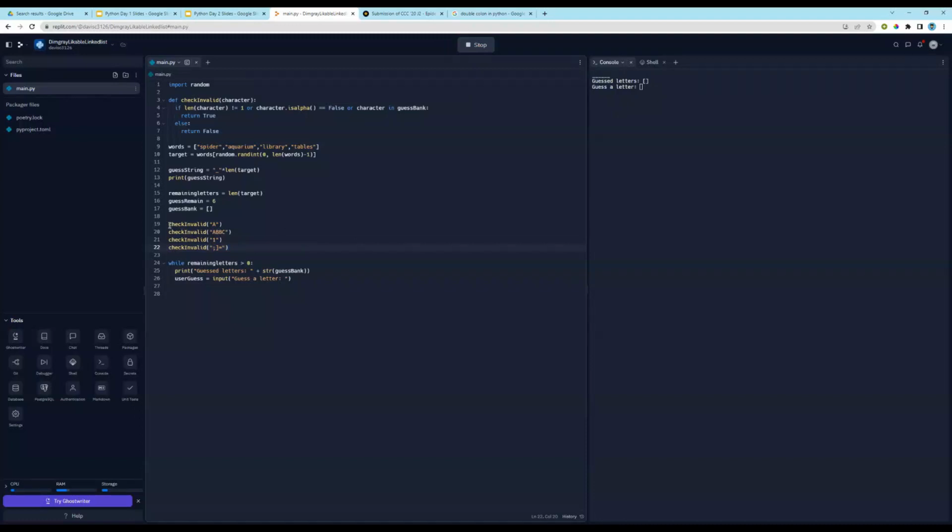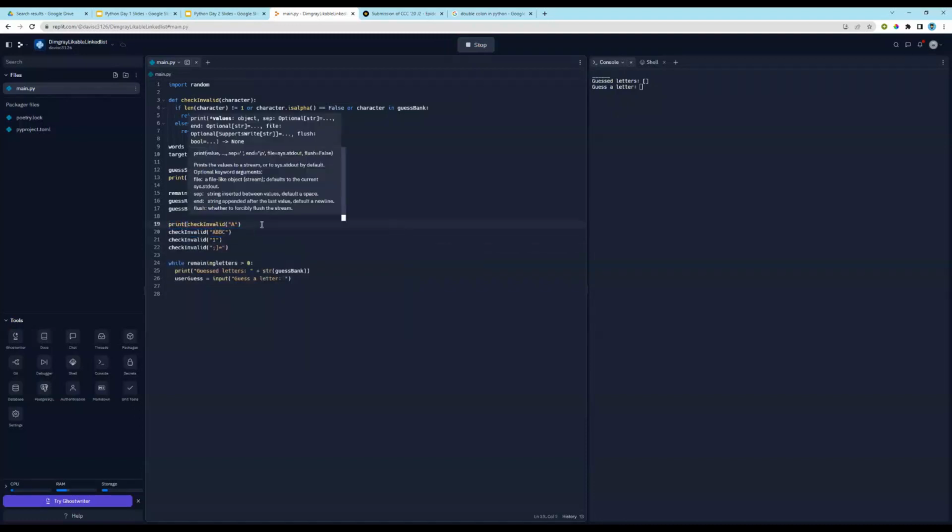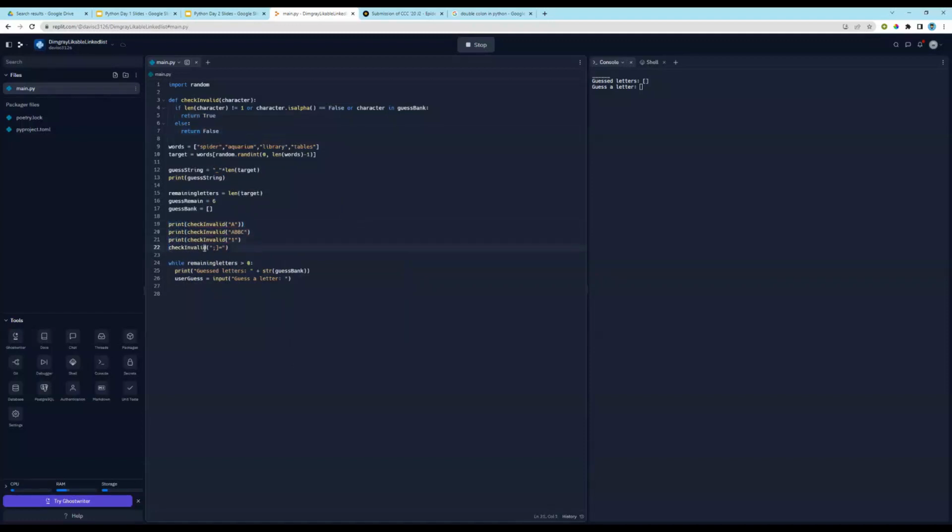Oh, sorry, we have to print it out first, because over here we returned it instead of actually printing it out. So we just print it out. What is our value?